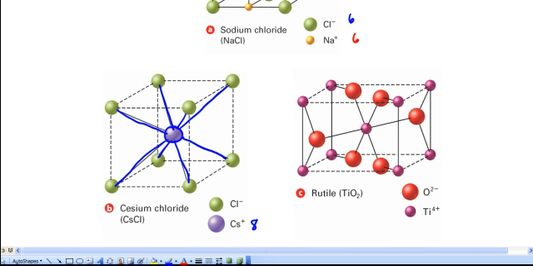But the coordination number does not have to be the same for each ion in a particular structure. If you take a look at titanium dioxide, or titanium(IV) oxide, it goes by the name rutile. Let me change colors here. Let's go with yellow. If this is your titanium right here, titanium in this case is surrounded by 1, 2, 3, 4, 5, 6 oxygens.